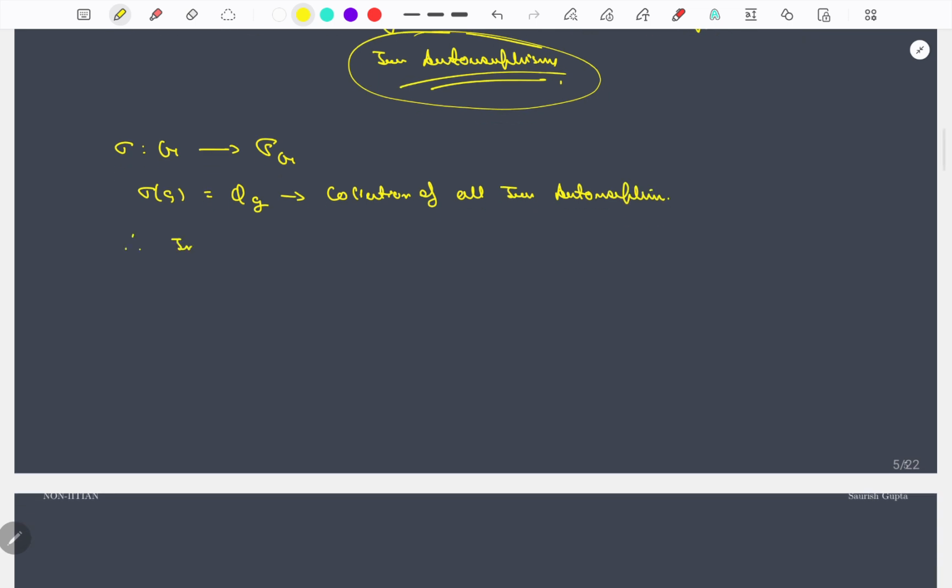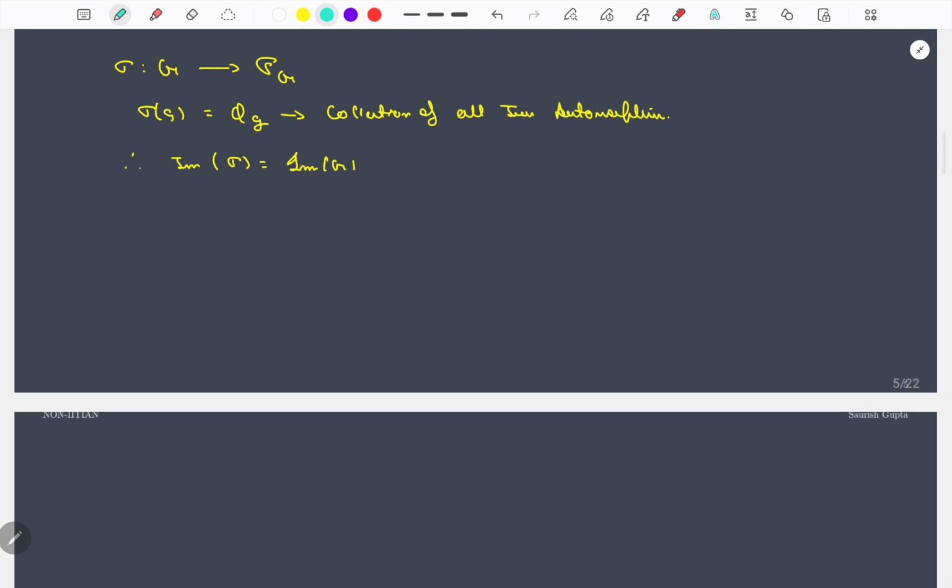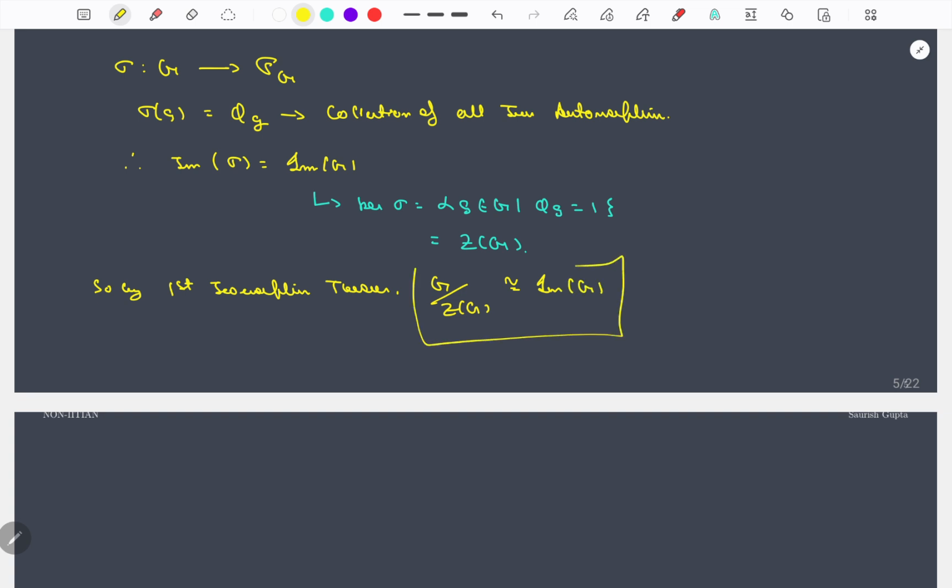So therefore the image of sigma is what we call Inn(G), the collection of all inner automorphisms on G. And it is a very simple exercise to observe that the kernel of sigma, which is the collection of all G in G such that phi of G is trivial, is nothing but the center of the group. So by the first isomorphism theorem, G mod the center of G is isomorphic to the inner automorphism group of G. This is also a very important result in group theory.